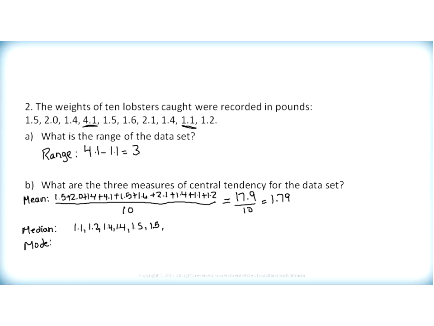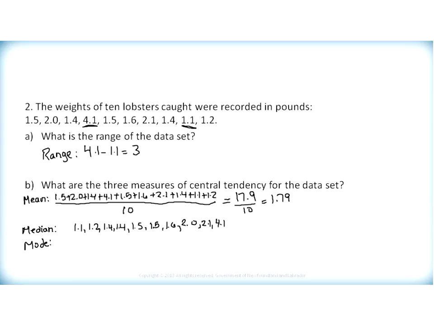Then I have 1.6. Then I have 2.0. Then I have 2.1. And finally, I have 4.1. Okay, so I have my data put in numerical order from least to greatest.